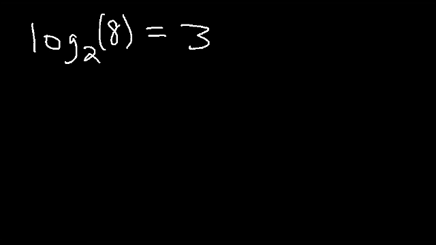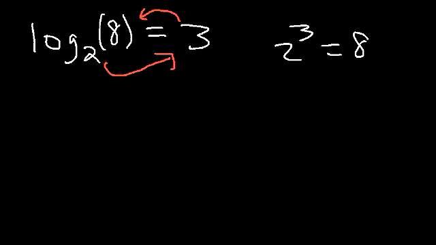Sometimes you need to change an expression from logarithmic form into exponential form. How can we do that? 2 to the 3rd power is equal to 8. And that's how you can do it.